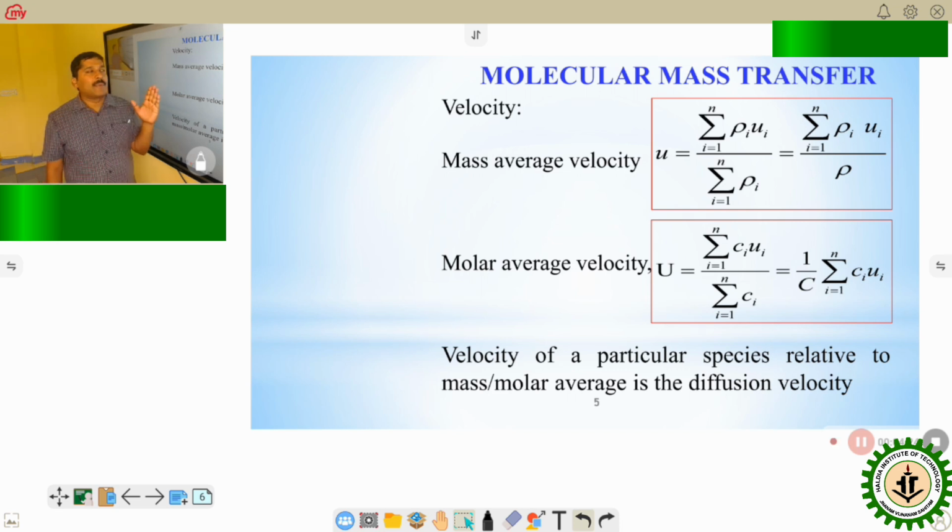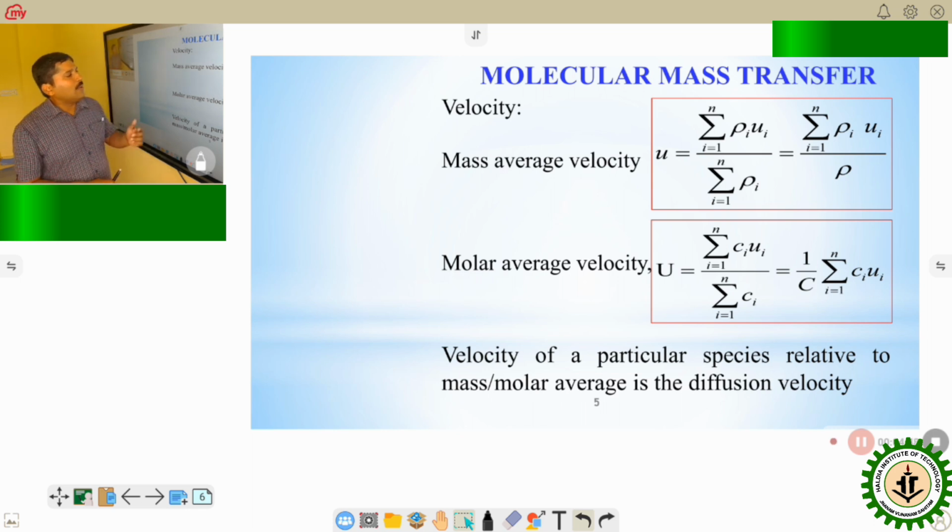Now another two terms are mass average velocity and molar average velocity. When molecular transport is happening, the velocity of a particular species relative to the mass average or molar average is the diffusion velocity.